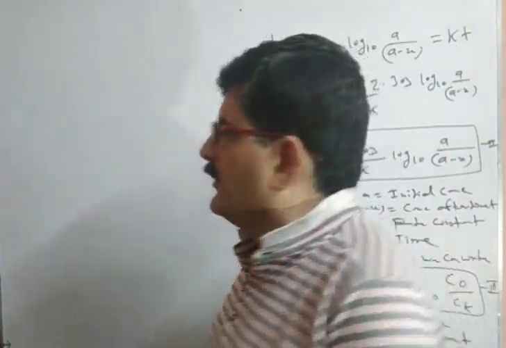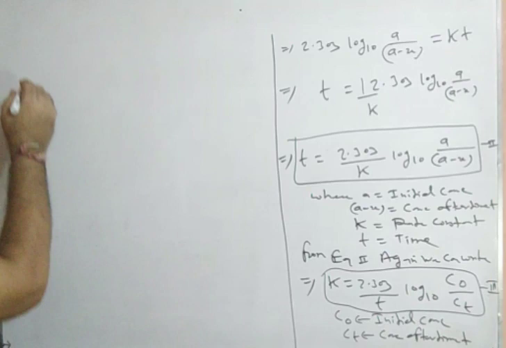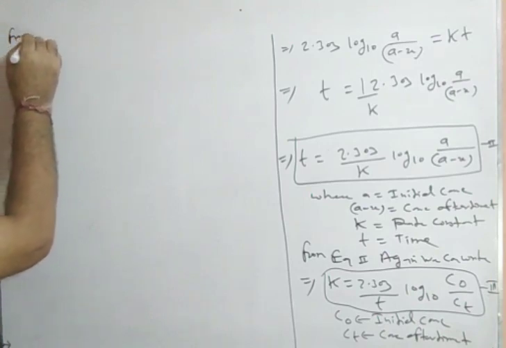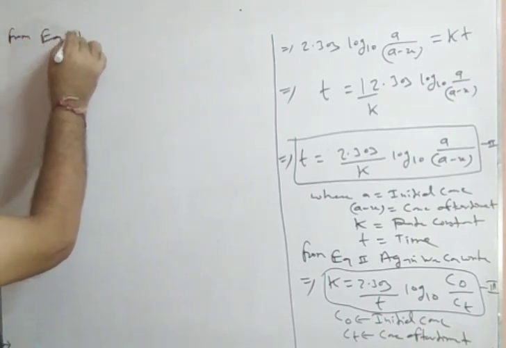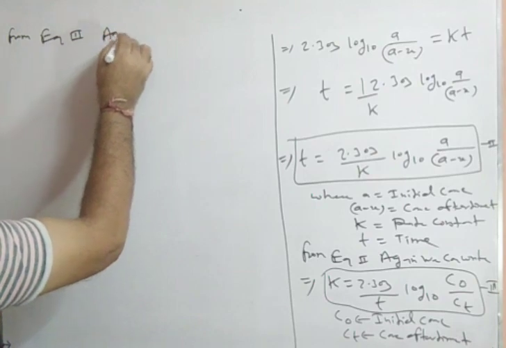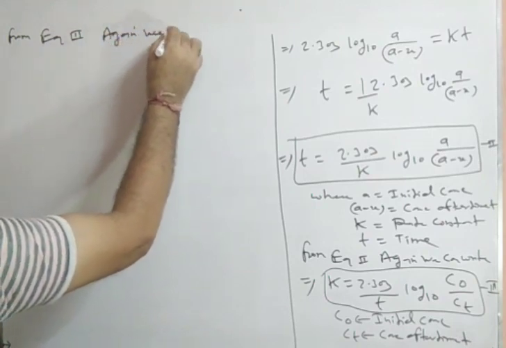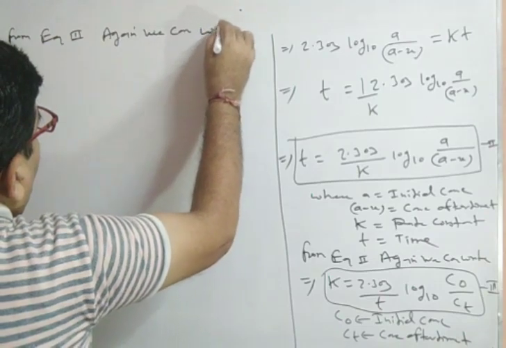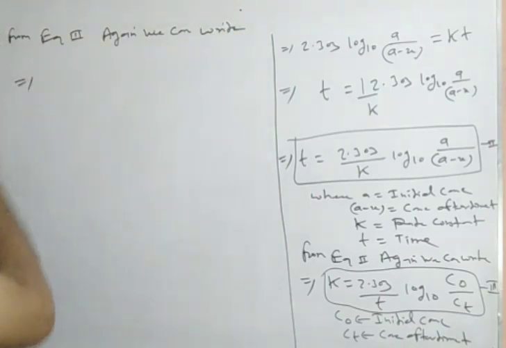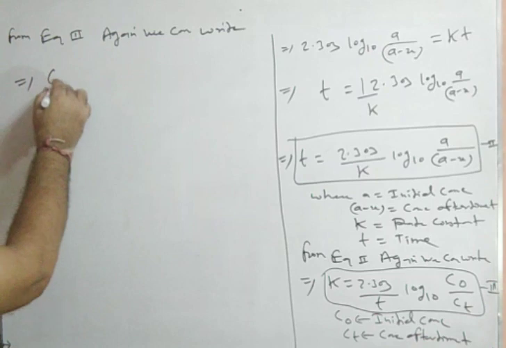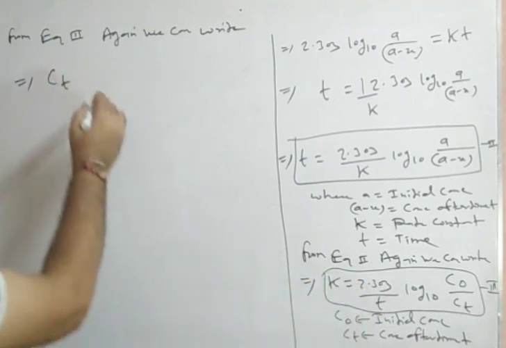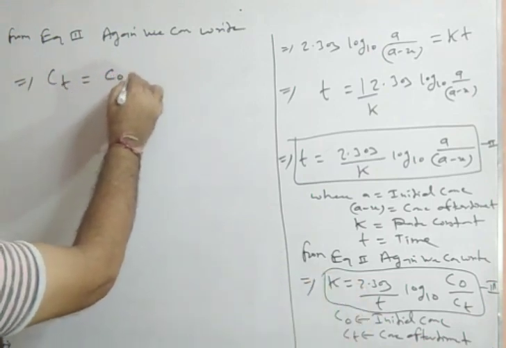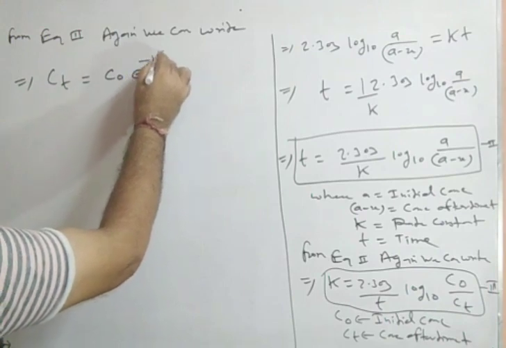From equation third, again we can rewrite. From equation third, again we can write what? In mathematical form, Ct is equal to C naught e to the power minus kt.